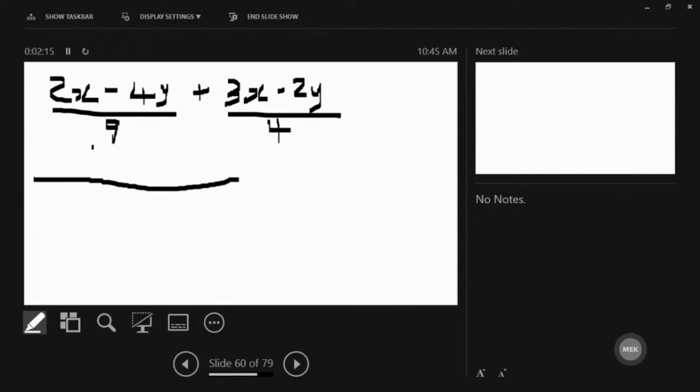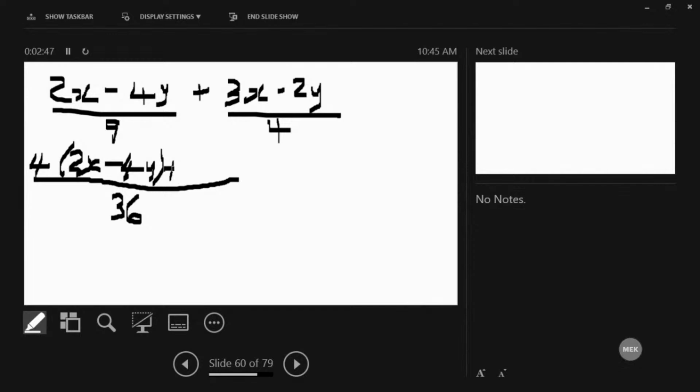And the LCM of 9 and 4, we know that is 36. 9 goes into 36 4 times. So what we have to do is multiply everything up here by the 4. We have to multiply both terms by the 4. So we bracket it to show that we're going to multiply the 2 terms by 4.